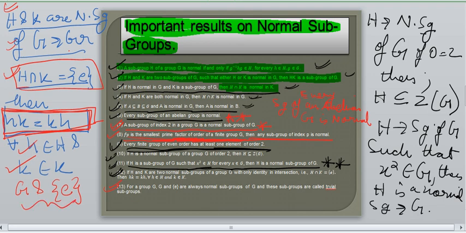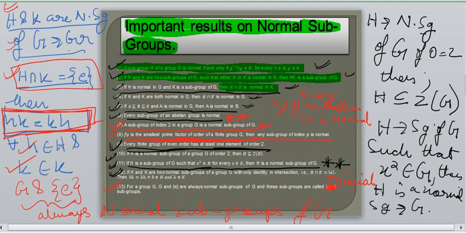These two are always normal subgroups of G. There is a printing mistake here; I remove this word and write it as trivial.